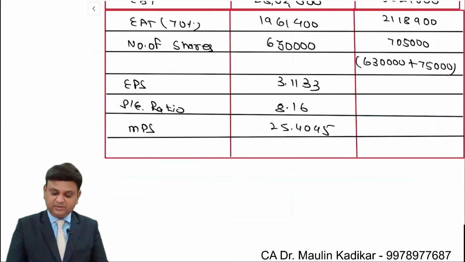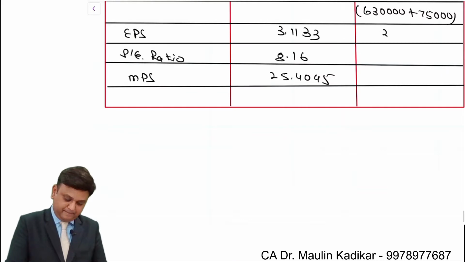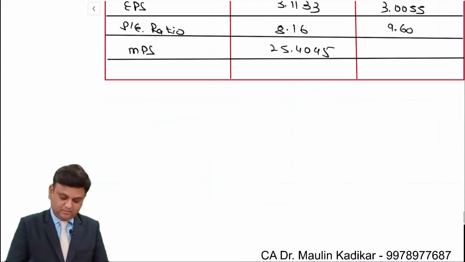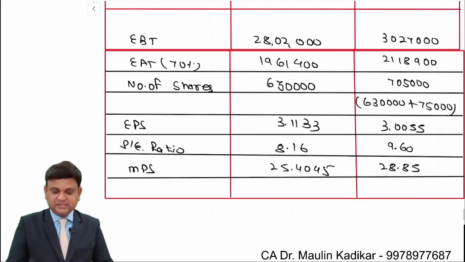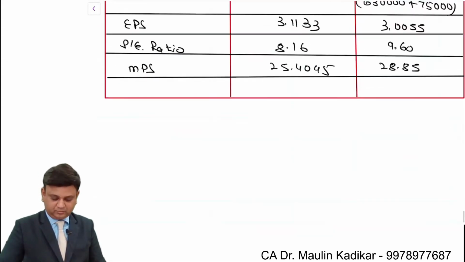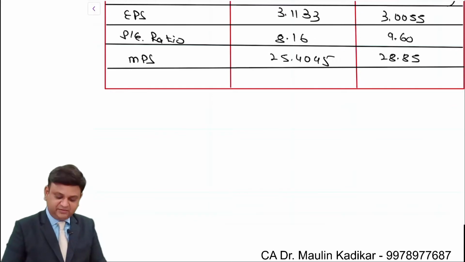So EPS is 3.0055. Price earning ratio is 9.6. So the answer is 28.85. That is where the MPS can be found. So between these two, the second financial plan is better. Right, an answer?